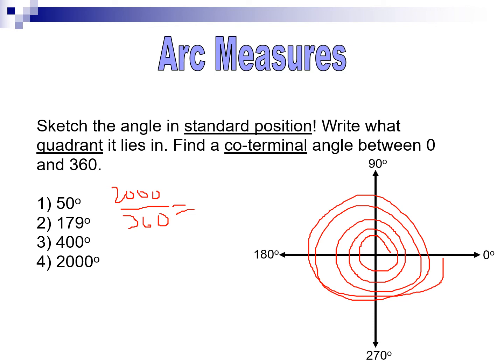But then there's leftover. You have to know how much is left over, the coterminal part of it. All right, and that's easy to figure out too. All you have to do is do 360 degrees times the 5, just the 5, not the 5.5 that we found out earlier up here.